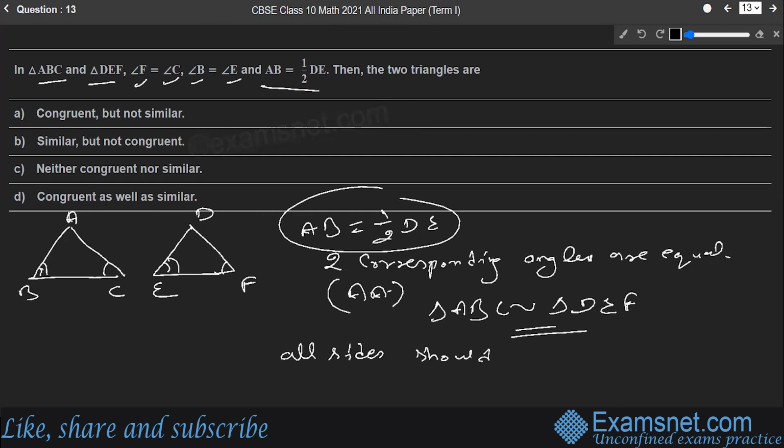That is not the case between AB and DE. So the two triangles are similar, but they are not congruent. That is available in option B.